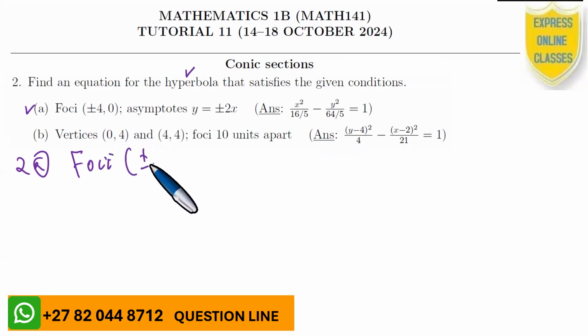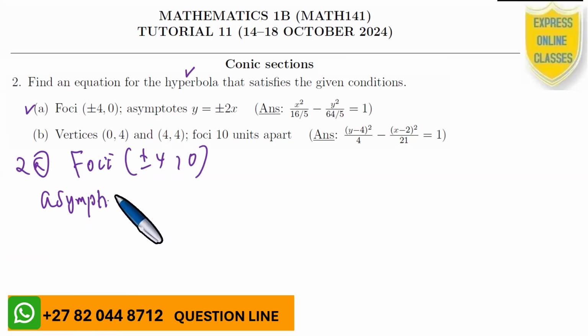The foci were given as plus or minus that. And the asymptotes also have been given. So the asymptotes obviously either have a over b or b over a. So which is which?